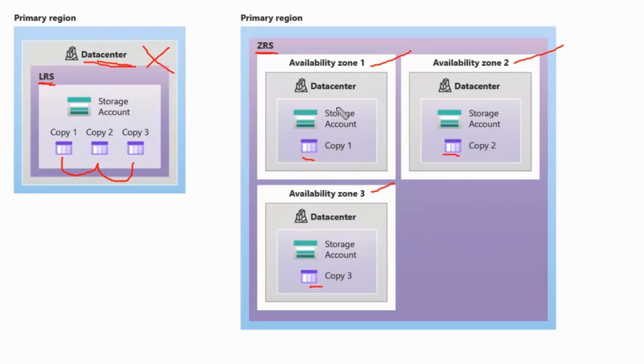In all the data centers, the copy 1, copy 2 and copy 3 replicate synchronously, so that meets the first requirement. In the event of any data center failure, still we would have 2 copies available. For example, if data center 1 is failed, we would have 2 copies available. Therefore, it meets the requirement of the question. Let's go back to question.